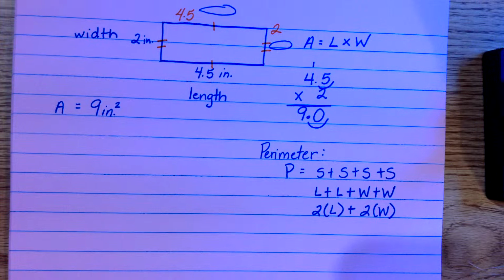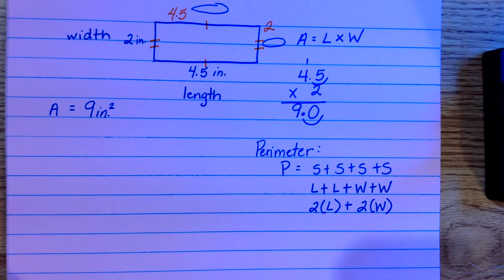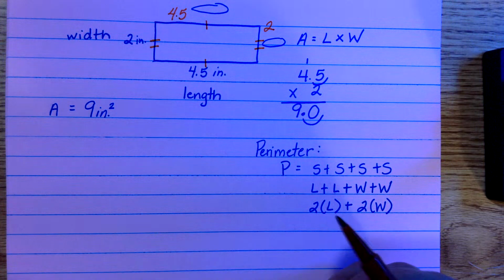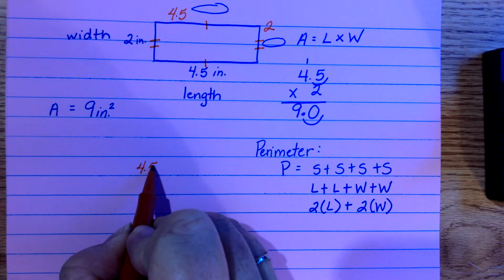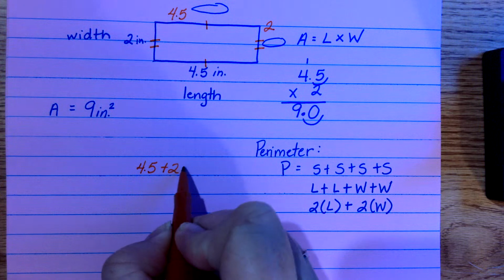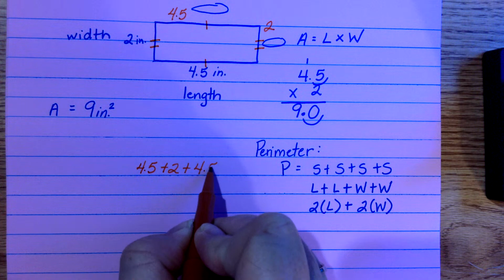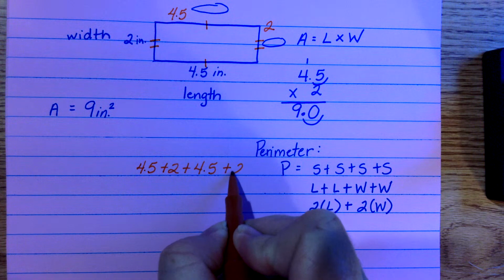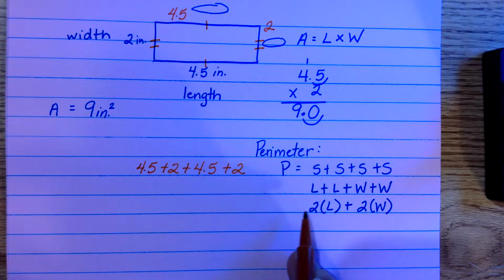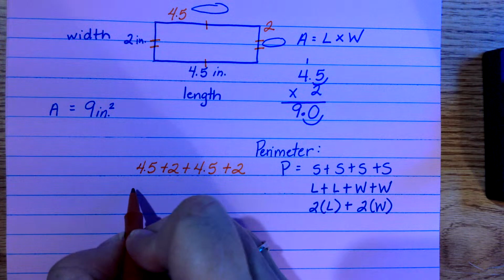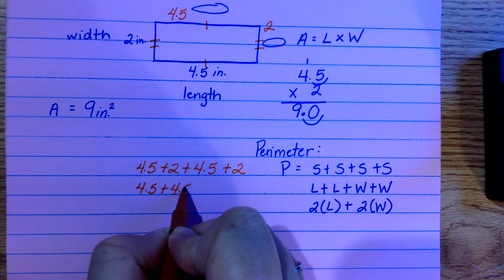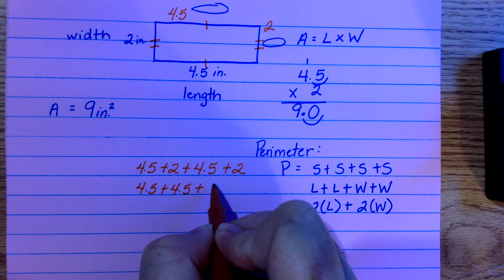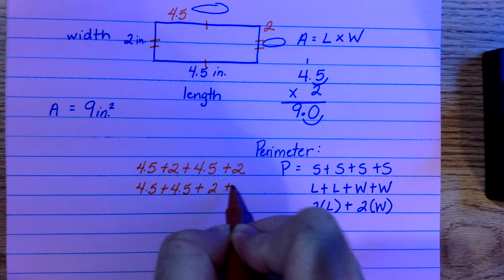So for the first formula for perimeter, if we did side plus side plus side plus side, we would have 4.5 plus 2 plus 4.5 plus 2. If we did length plus length, we would have 4.5 plus 4.5, and we would have width plus width, which would be 2 plus 2.